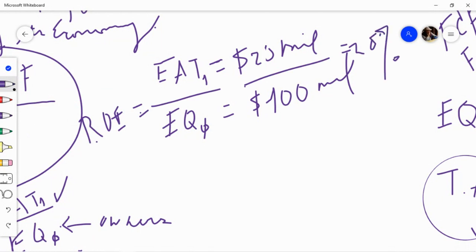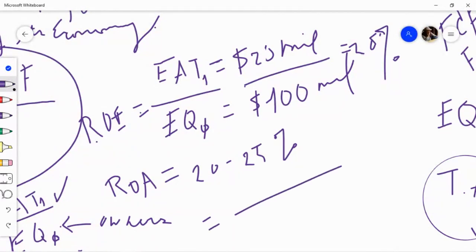This is a very good return on equity, because normally, if return on total assets is about 20 to 25%, that's normally the case of a profitable company. What does that mean?